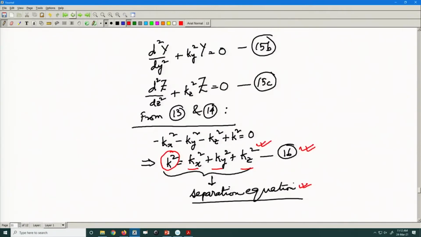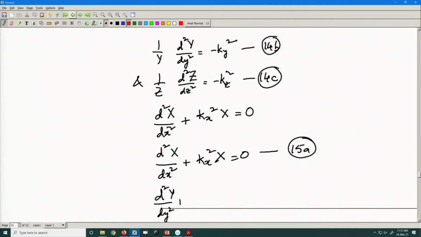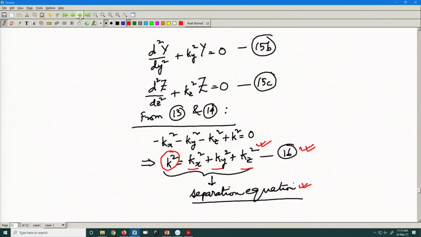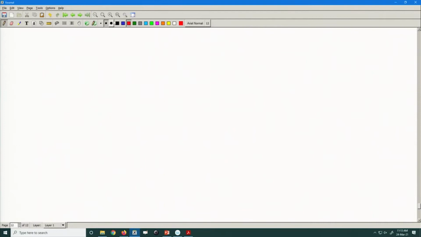Now, we look at equation 15a. What kind of functions will be solutions to equation 15a? The solutions to equation 15a will be called harmonic functions.